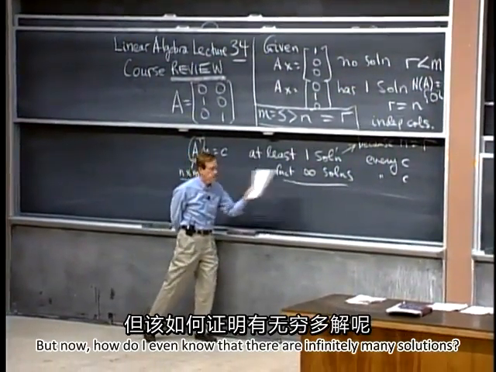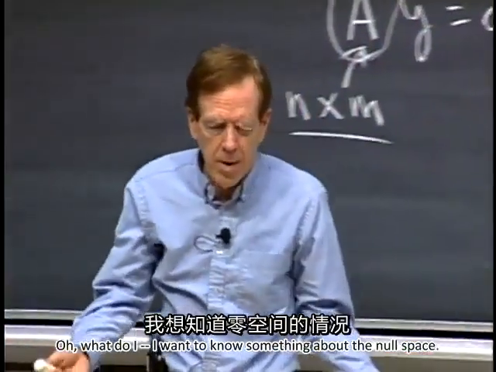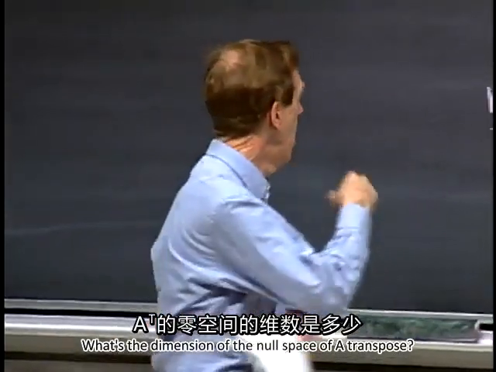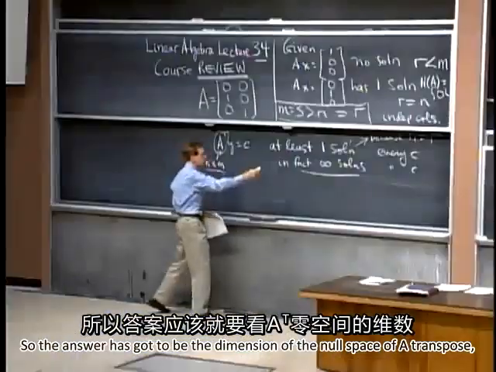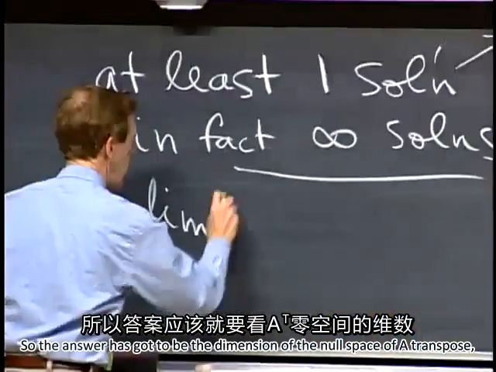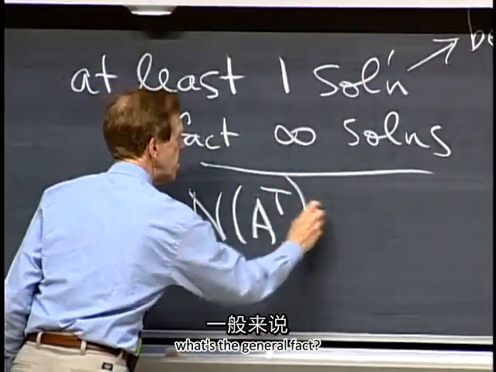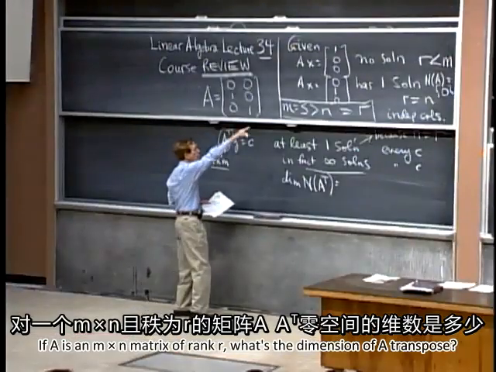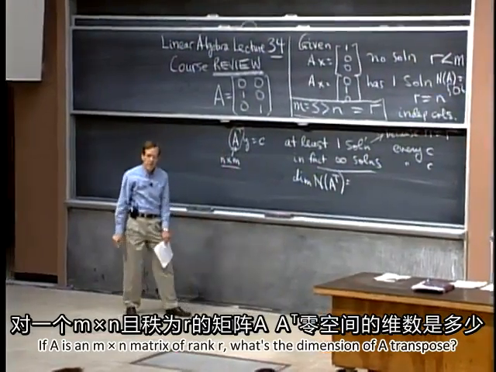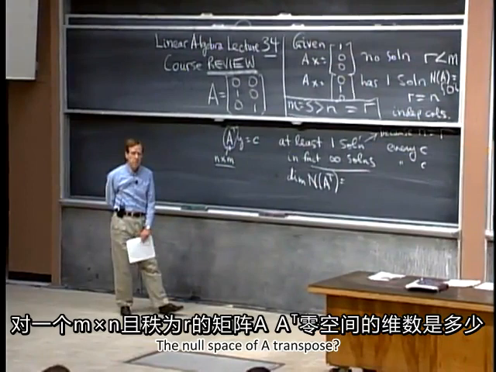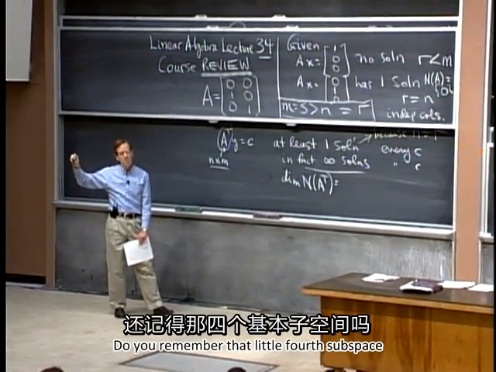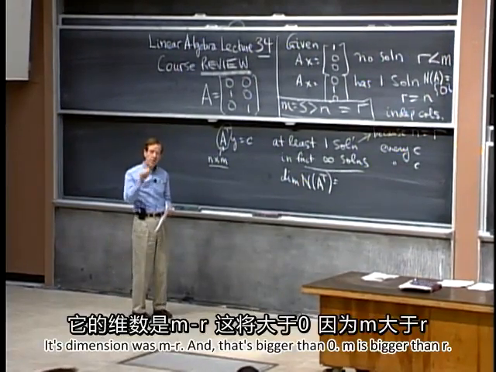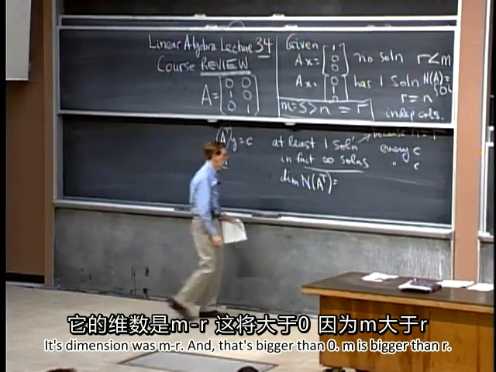But now, how do I even know that there are infinitely many solutions? Oh, I want to know something about the null space. What's the dimension of the null space of A transpose? So the answer has got to be the dimension of the null space of A transpose. What's the general fact? If A is an m by n matrix of rank r, what's the dimension of the null space of A transpose? You remember that little fourth subspace that's tagging along down in our big picture? Its dimension was m minus r.